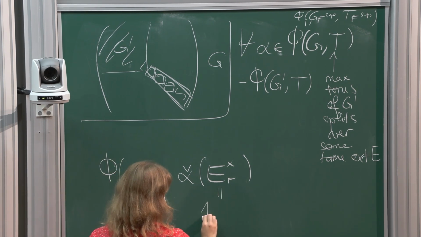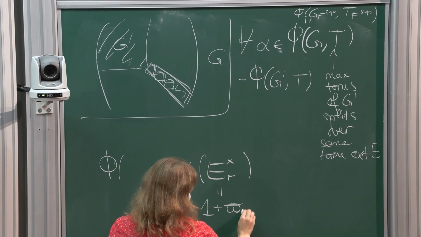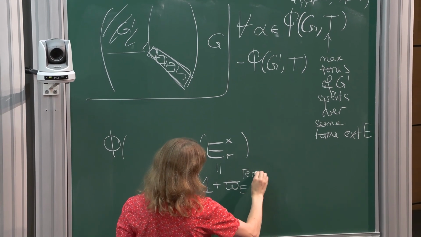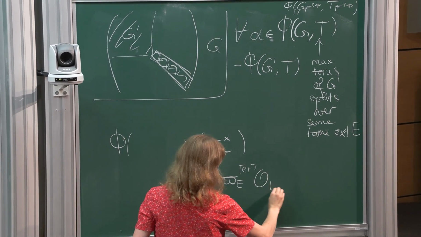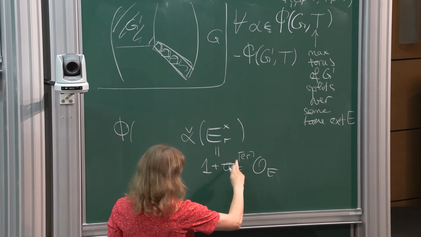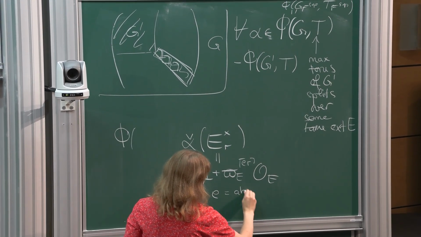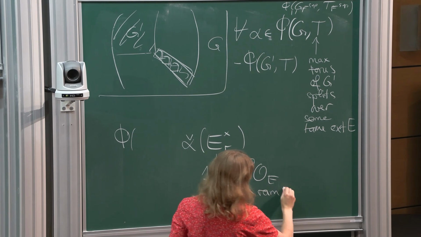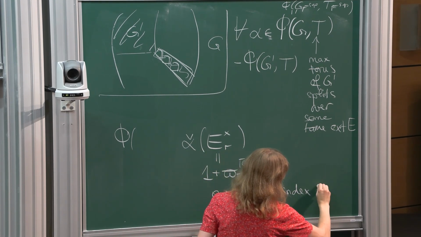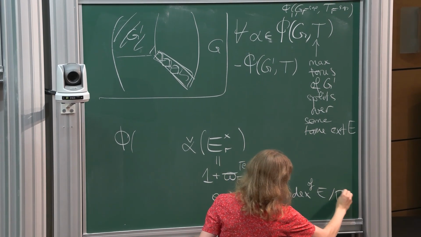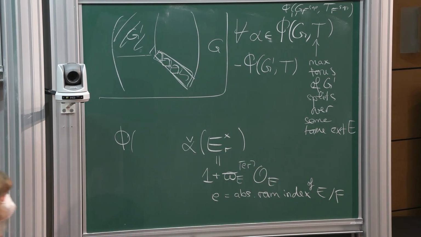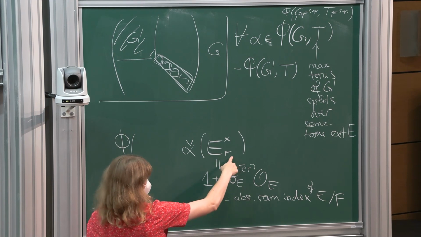So this is equal to 1 plus pi_E to the ceiling of ER rounded down times O_E, where e is the absolute ramification index of E over F. And if you did your exercise, you might have encountered that. So that's the R-th filtration subgroup.